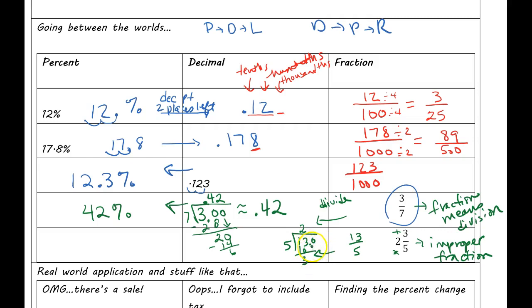So bring down that 0. 5 goes into 30 six times, so it's a 2.6. So 2.6 would be the magic number here. 2.6. Then to go back to a percent, move the decimal over twice to the right. 0.026%. And that is how it works.